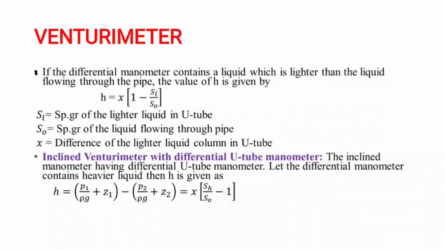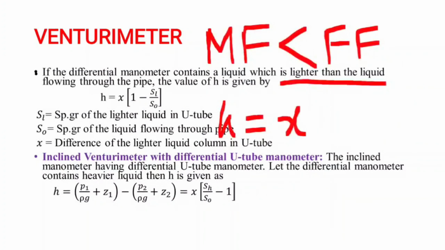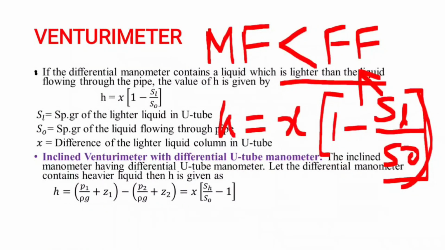The next case is if the differential manometer contains the liquid which is lighter than the liquid flowing through the pipe. That is, the density of the manometric fluid is less than the flowing fluid. Then the formula of H is given by H is equals to x into 1 minus SL by S0. SL refers to the specific gravity of the manometric fluid, that is the lighter liquid.